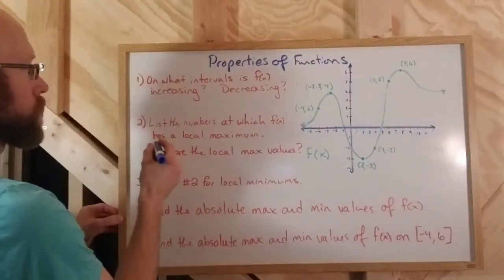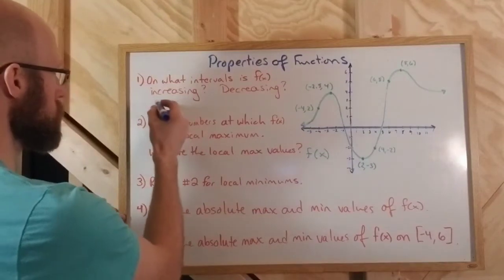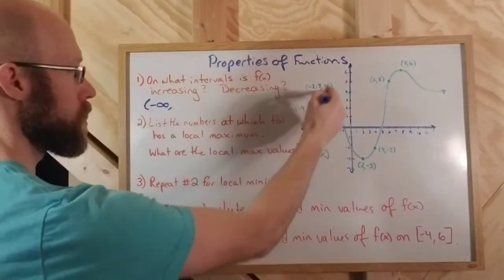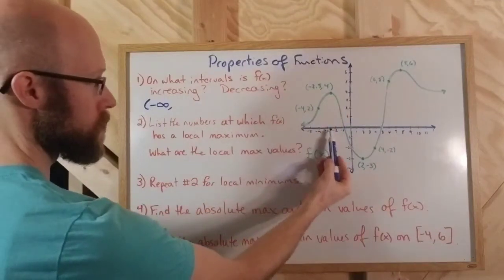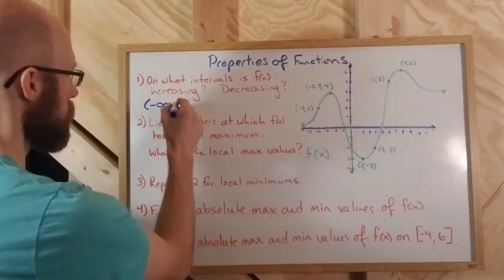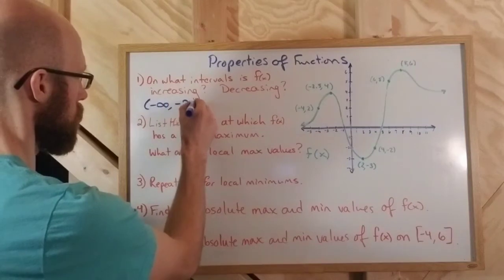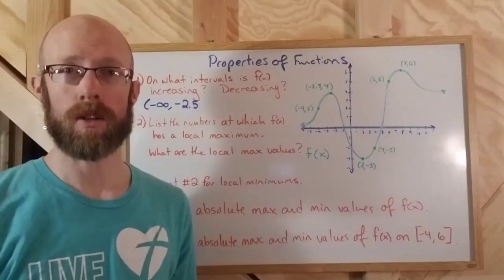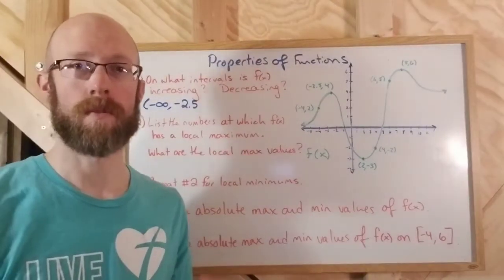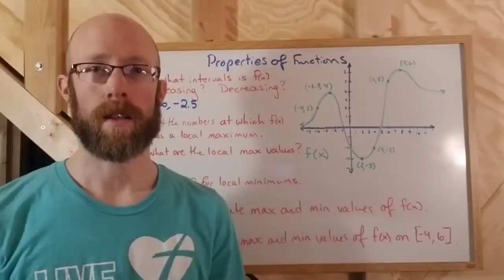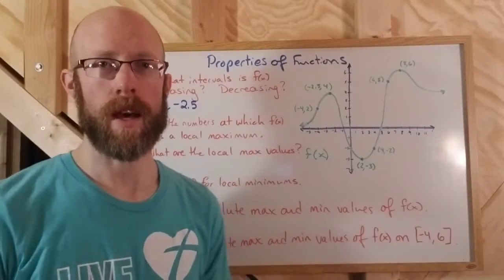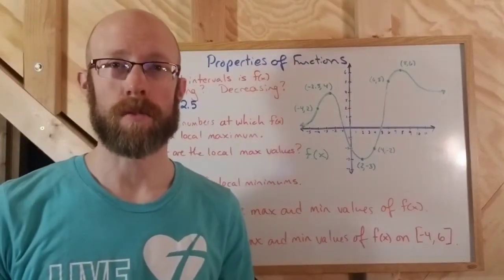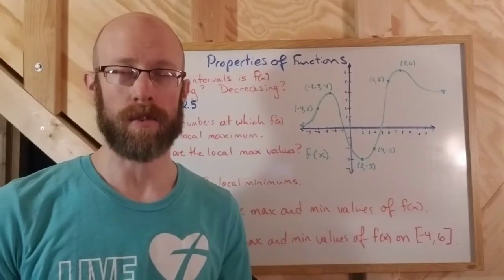So it's at that point that it stops increasing. All right, so the interval in which it increases runs from negative infinity up to, well, these are x values, so it's going to be up to negative 2.5. So now the question is, do we include or exclude the endpoint? And the answer to that is that this endpoint is actually going to be included in that interval.